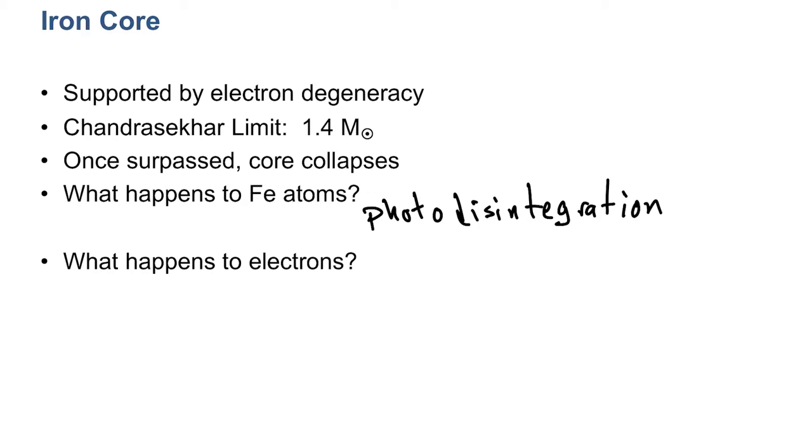What physically happens to those electrons? They actually will combine with protons, p plus e minus. This is a proton plus an electron, and they will combine together to make a neutron and a neutrino. That's the Greek letter nu for neutrino.